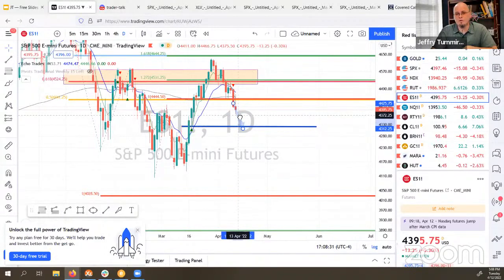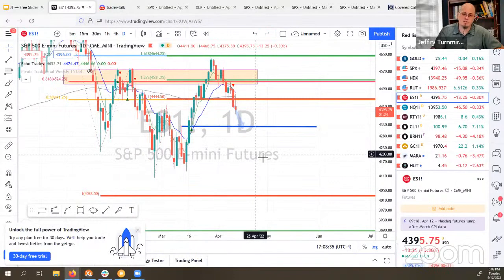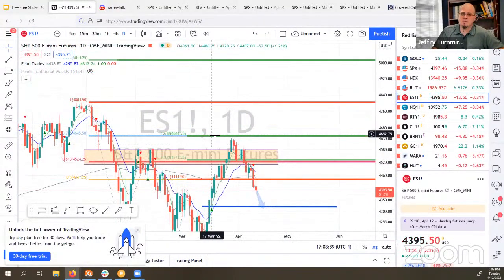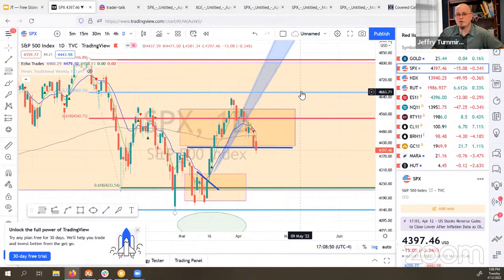If we break through that, it's not going to be very good for higher prices, at least in the near term. So 786 is sitting right up here on this chart at 4650 basically. The S&P 500 is a little bit higher up there at 4663-ish. It says 4660, I guess.